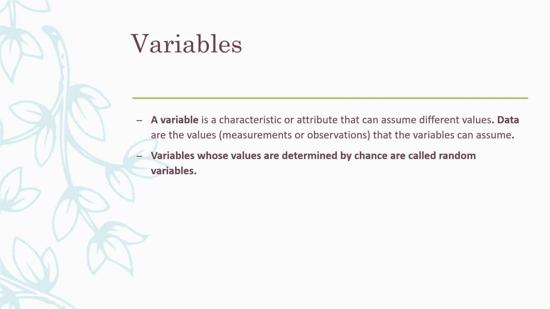Now, another term that you will hear very, very often in this course is variable. A variable is simply a characteristic or an attribute that can assume different values. For instance, in the example we looked at earlier, we're interested in starting salaries of recent university graduates, and that would be our variable.